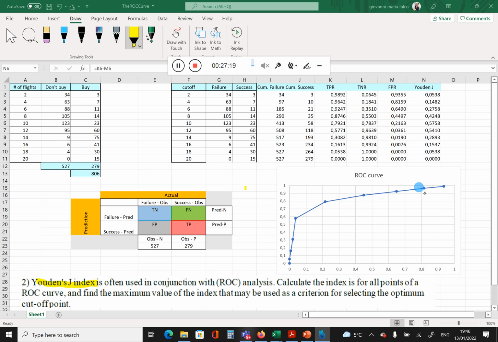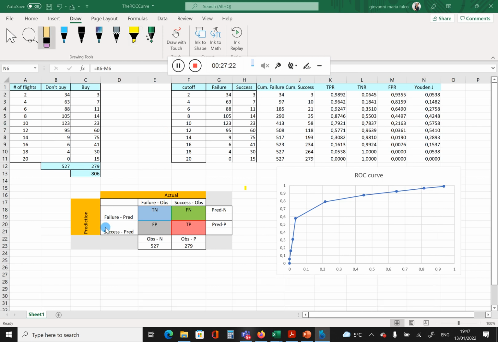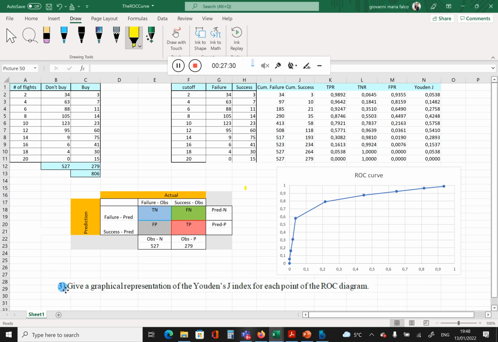Okay, then in the next question we are asked to give a graphical representation of the J index on the ROC diagram.